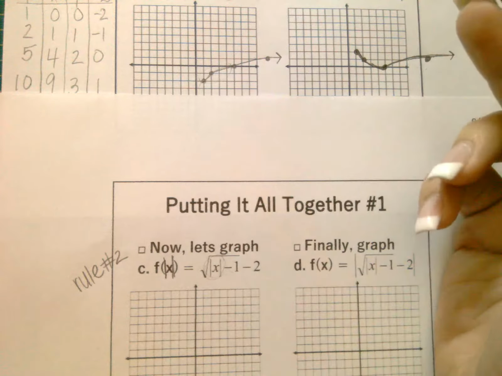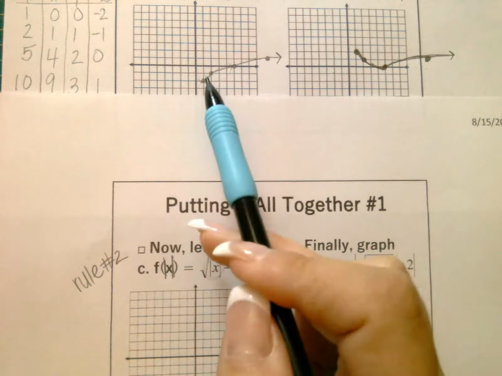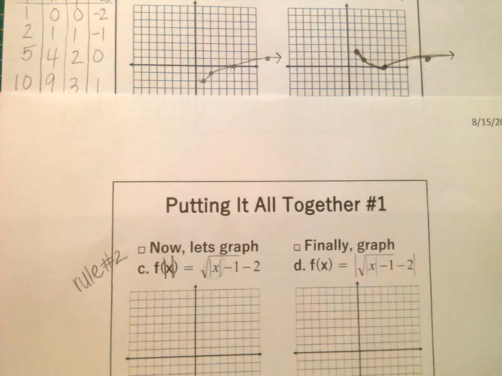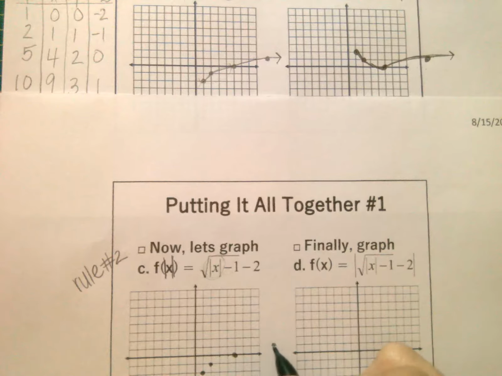But the last time we did rule number 2, that function could actually extend to the y-axis, which is why I said we wanted to make sure that it touches. So we're recreating everything on the right side here, which is this entire function. So 1, -2, 2, -1, 5, 0, and our 10, 1.